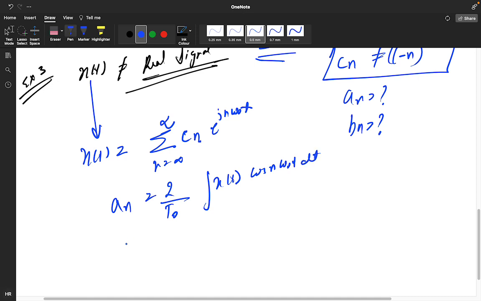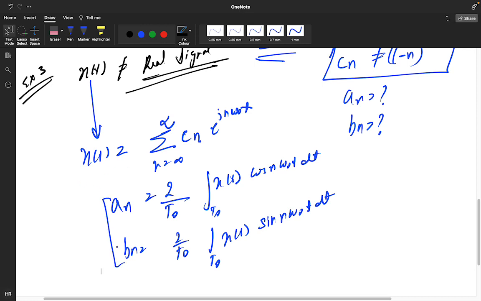Apply the formula, that's it. And bn will be 2 by t naught integral of x of t sine n omega naught t dt. If the x of t is not a real signal, then you only have to apply the formula, and from there you need to calculate an, bn or cn.